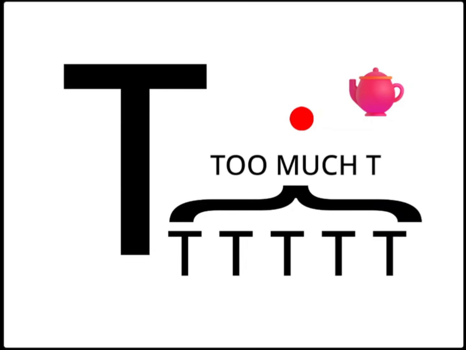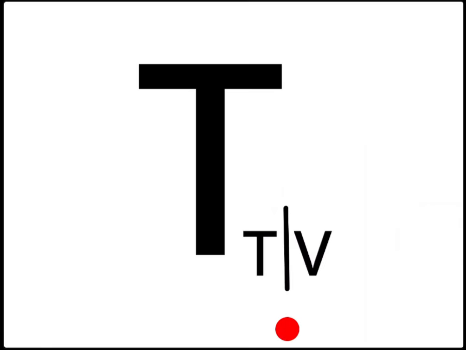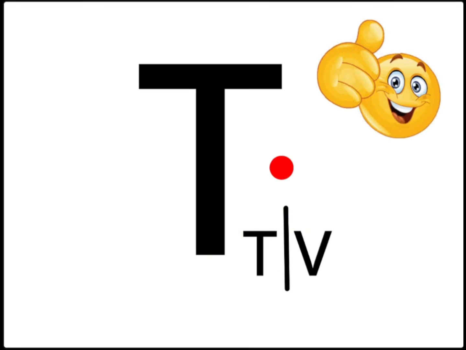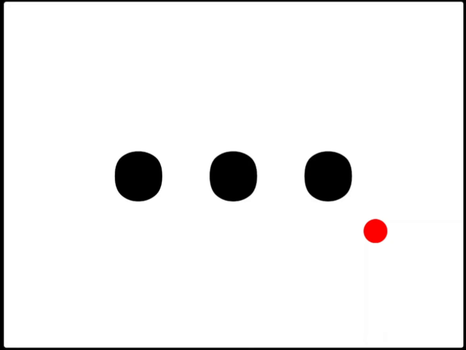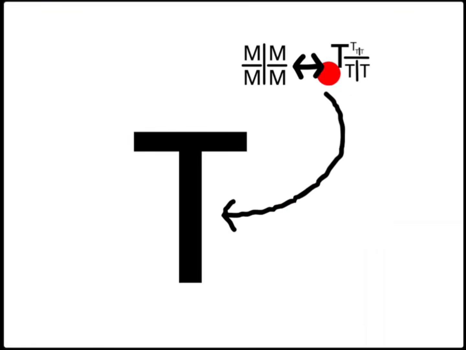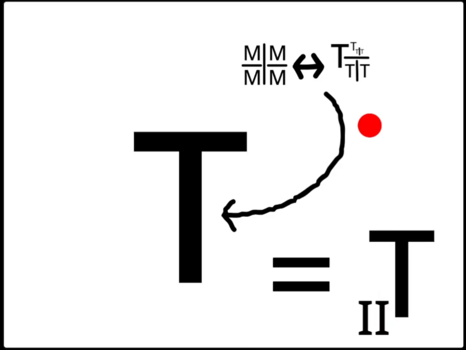So what do we do? We have too much T. So we put a line here to show how many inputs there are. That's very good. Yep, we just do the same thing again until we get to this thing, because we're using these lines, and oh my god, this is just insane.